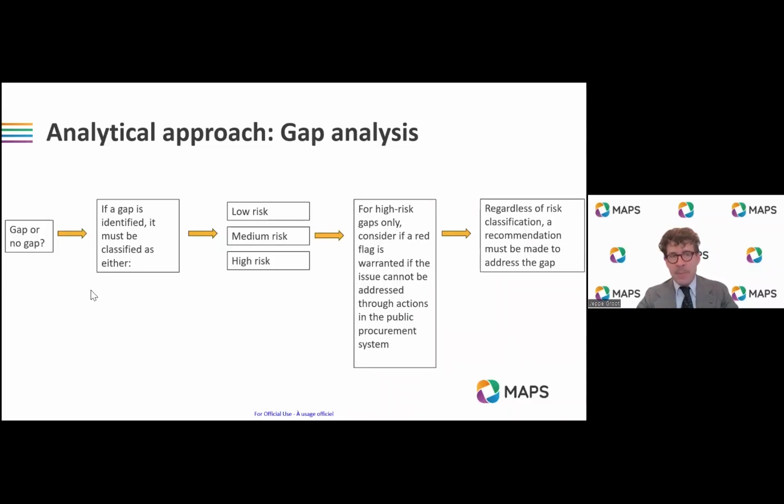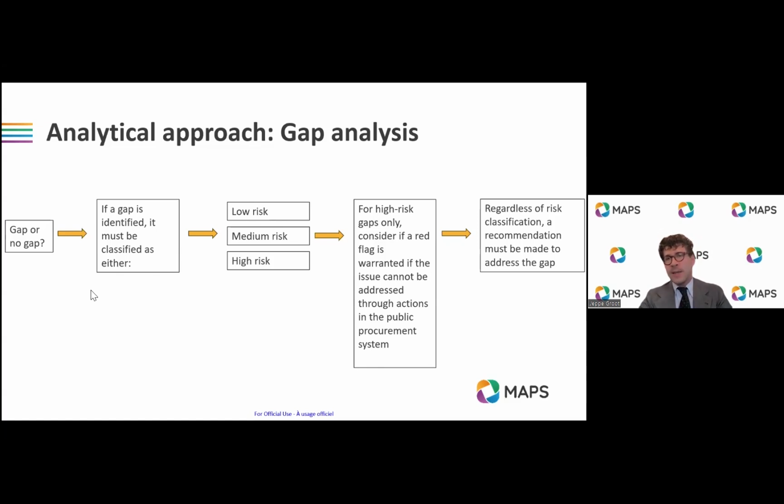If there is a gap, then a risk classification must be made, either low, medium, or high risk. For high risk gaps, only red flags can be considered. And then finally, regardless of risk classification, for all gaps, recommendations must be made to address them.